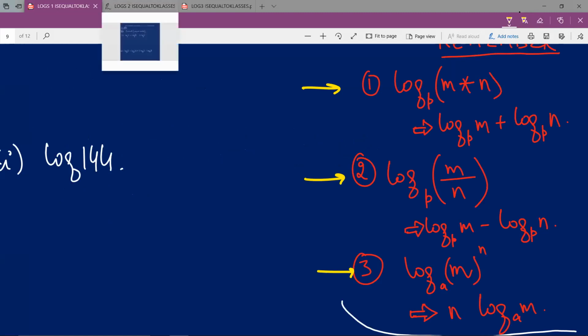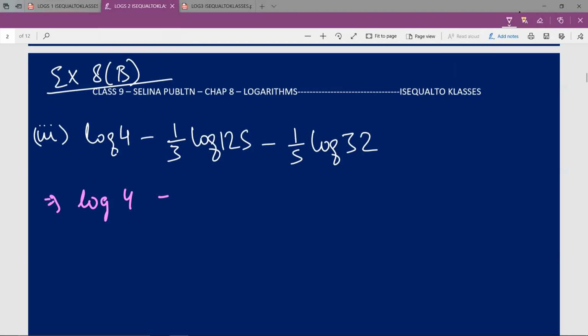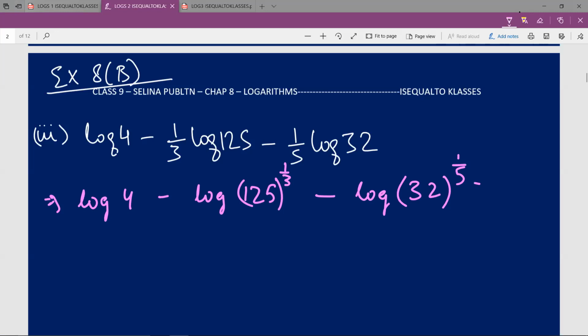So applying this third law, I could write this as log of 125 to the power 1 upon 3 minus, again applying the third law, log of 32 to the power 1 by 5.